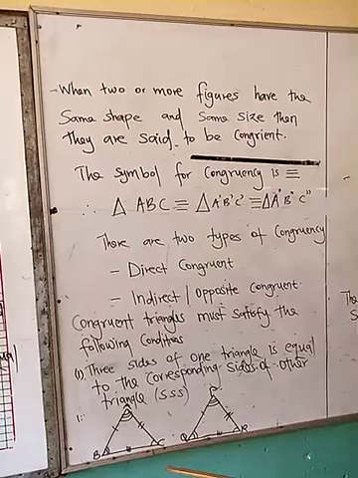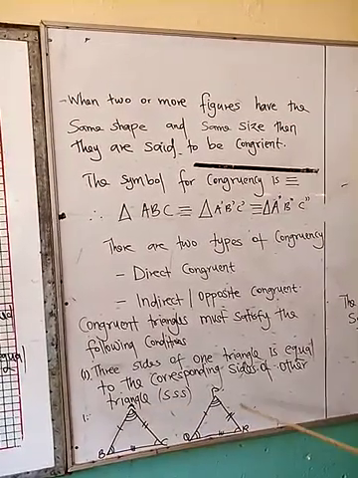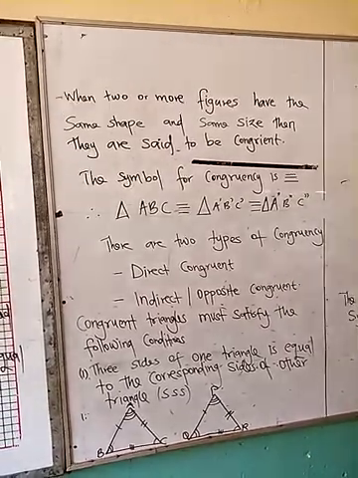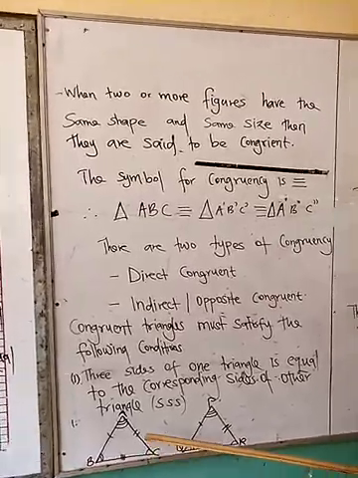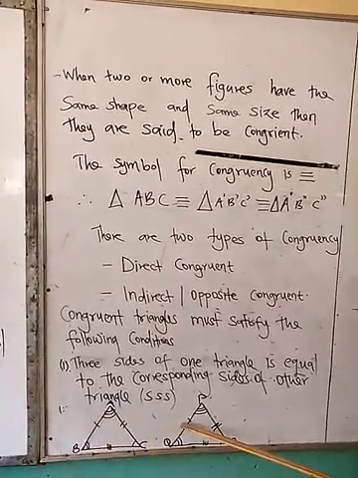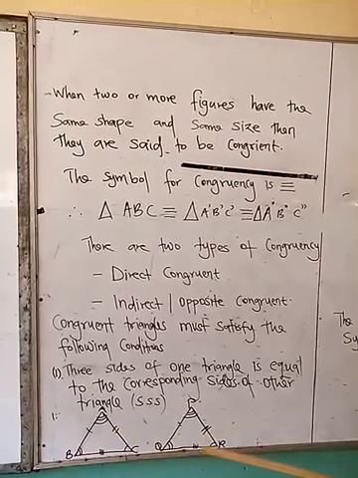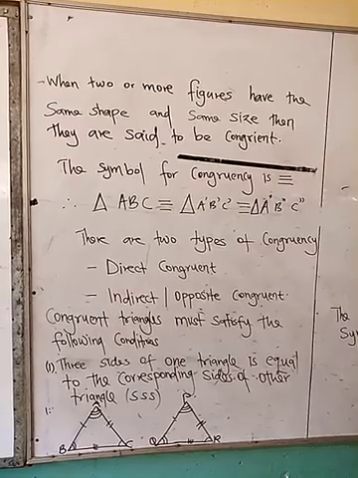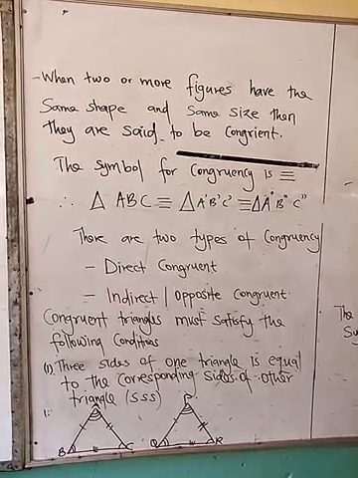So when you look at, for example, triangle ABC and triangle PQR, those triangles are said to be congruent. This side is equal to this side, and this side is equal to this side, and this side is equal to this side. Therefore, the three sides are equal. Such triangles are said to be congruent.